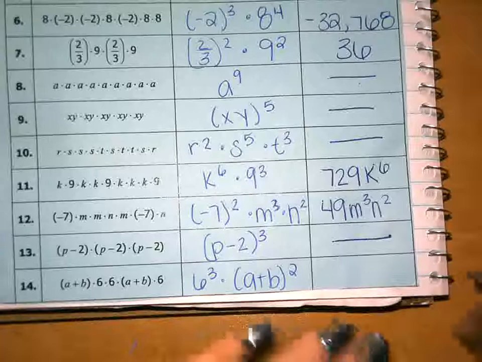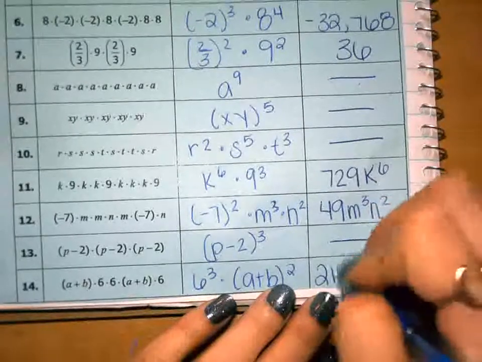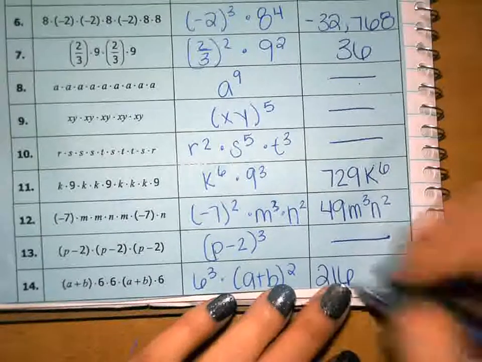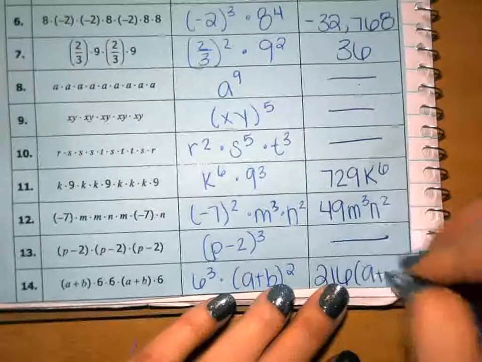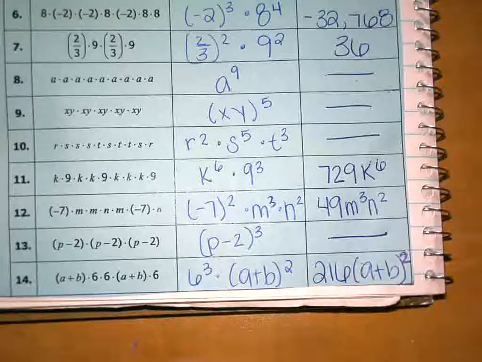Brock? 216 times a plus b into the parentheses and then the 2. Excellent. Nicely done. So variables you cannot give a value to unless they give you a equals whatever a equals, but we're not there yet. So you can only solve the ones that are number formed.